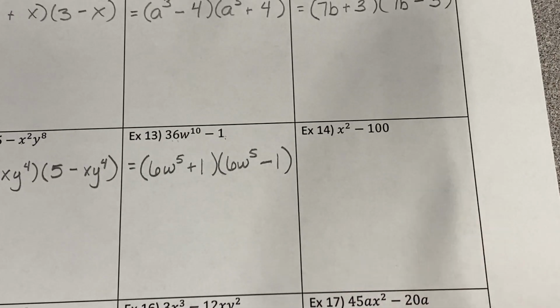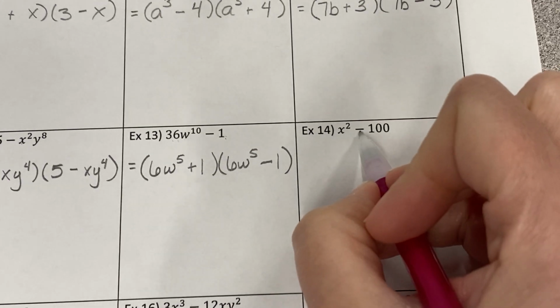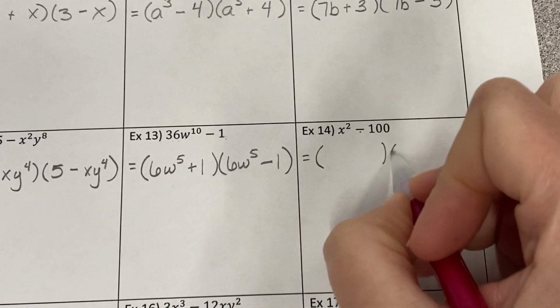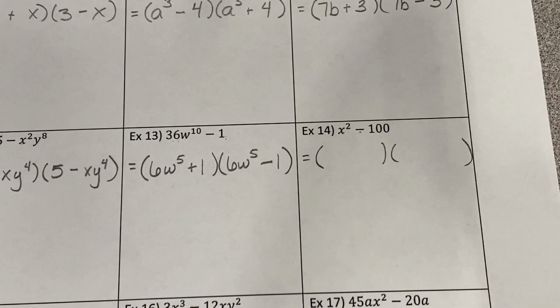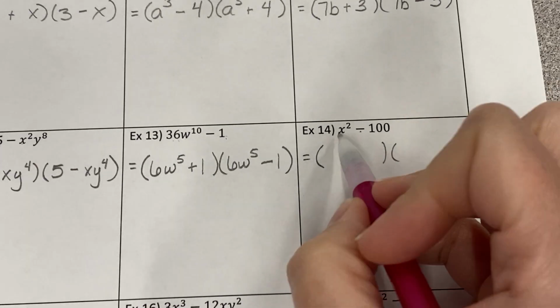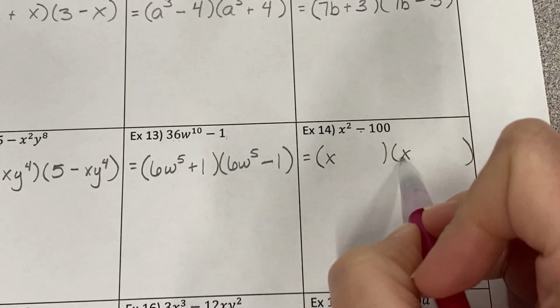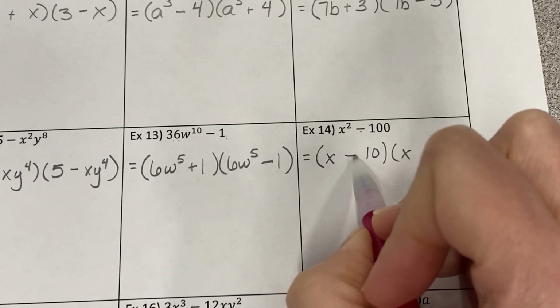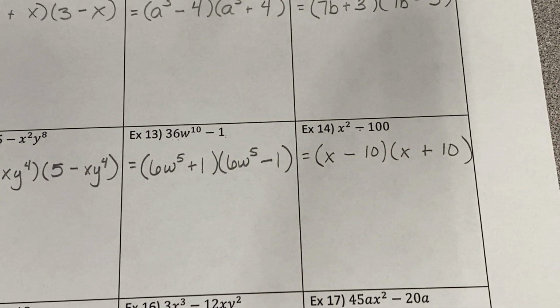There is no GCF, and this is the difference of two squares. Again, if there's a plus sign here, it's not the difference of two squares. It's the sum of two squares, which we can't factor. All right, so the square root of x squared, the square root of 100, plus, minus. All right.